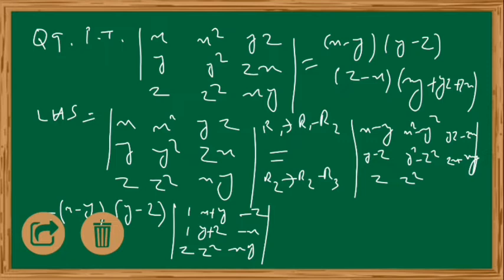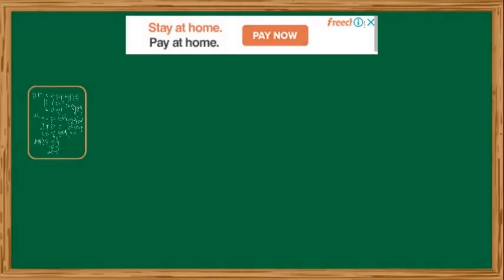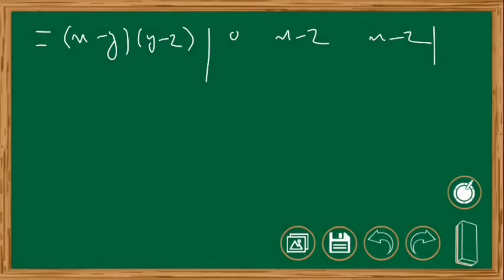Now the remaining things will be 1, y plus z and minus x. I repeat, this one will be 1, y plus z, and this is minus x, and the same thing, this is z square, and this is xy.